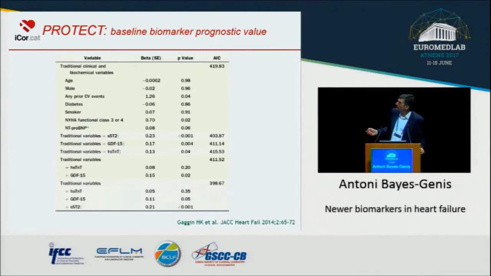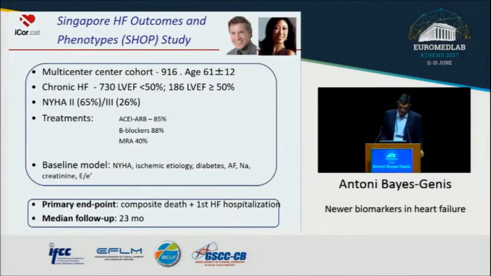So as you go down through your variables and you start adding ST2, GDF15, hs troponin T, and so forth, your AIC goes down to here, where if you add the 3 biomarkers, you get the lowest AIC from this study. So another interesting approach of combining biomarkers all on top of a baseline clinical model.